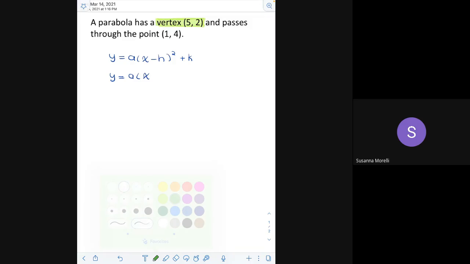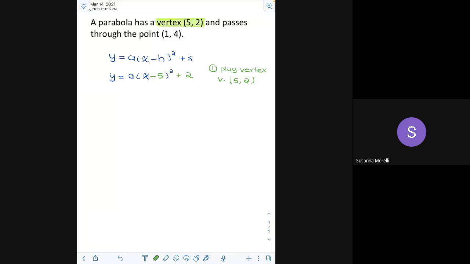But when you plug it into the equation, the vertex is (5, 2), so in the equation we're going to change the sign of 5. It becomes x - 5, squared, plus 2. So the first step is plug in the vertex, and don't forget to change the sign on the x value.